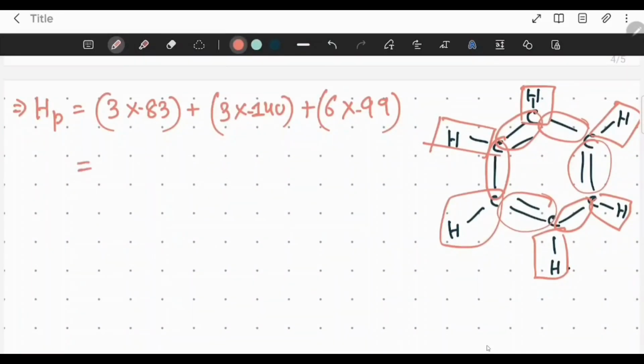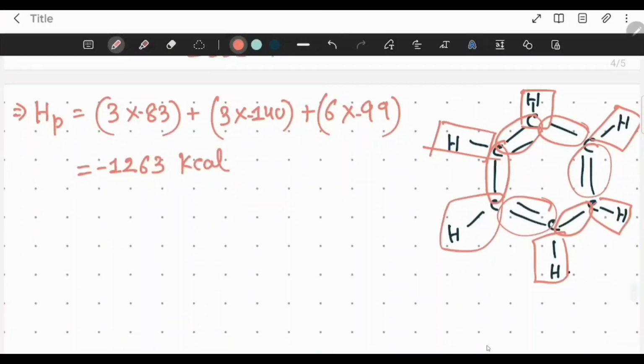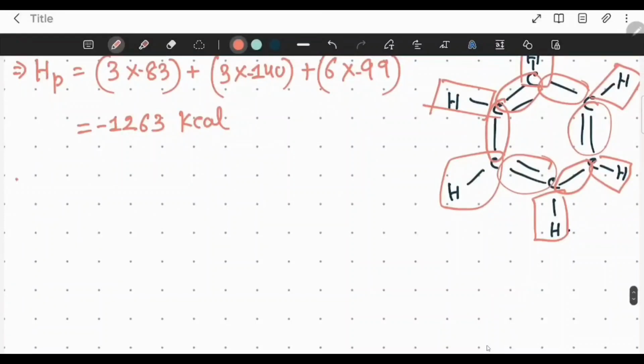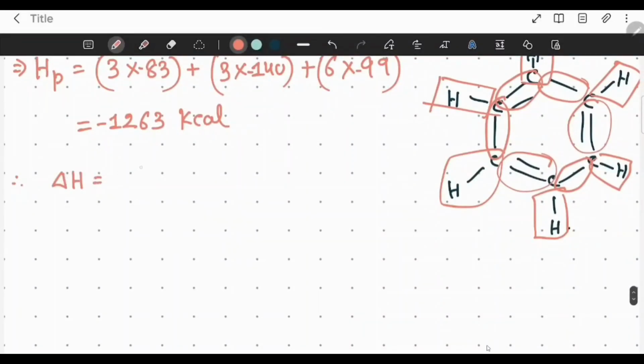So what will be the result? It is 83 plus 140 into 3 plus 99 into 6. So it is 1263 kilocalorie. There is a minus. So what is del H?